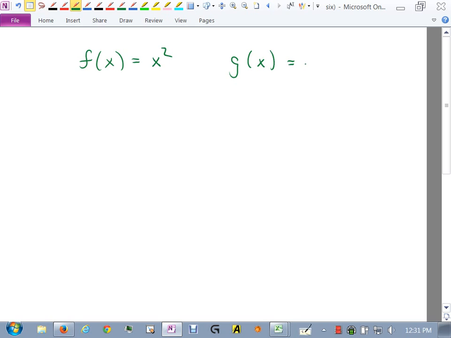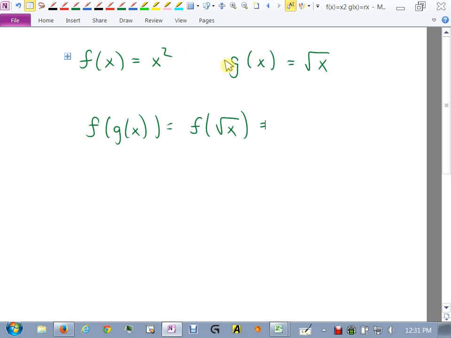G of x is square root of x. Then if I said find f of g of x, you would plug g into f, right? That means you would replace this x with square root. So it'd be the square root of x squared, which is just x, right?